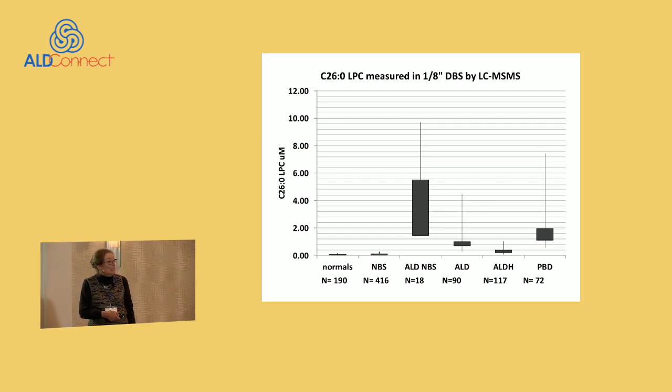Here are the newborn blood spots that we obtained initially before we started our big 5,000 pilot. And we presumed that they were all normal. Here are the 18 newborn blood spots from ALD patients that we pulled from California and Michigan. Here are postnatal ALD blood spots. And what you notice is that the mean is quite different postnatally.